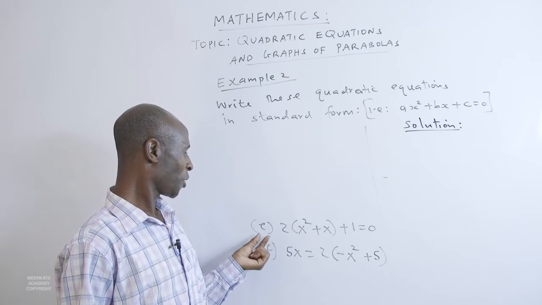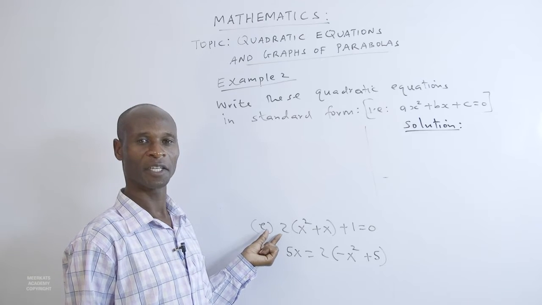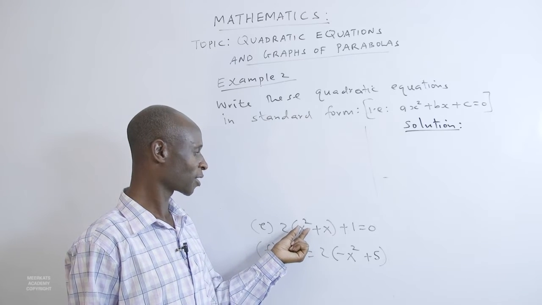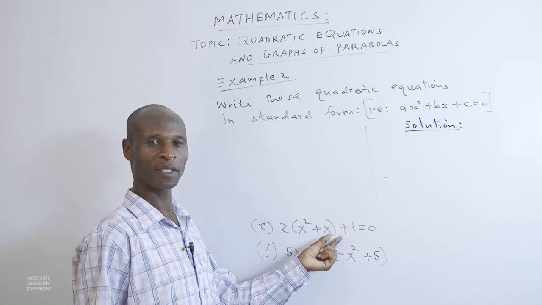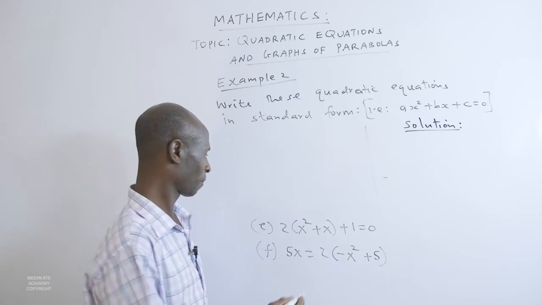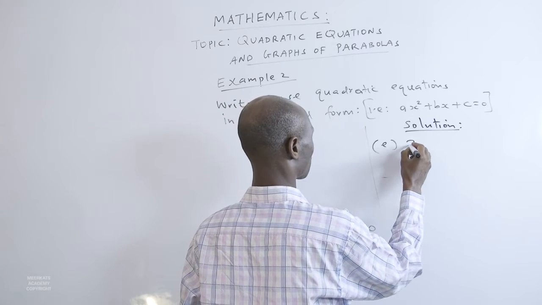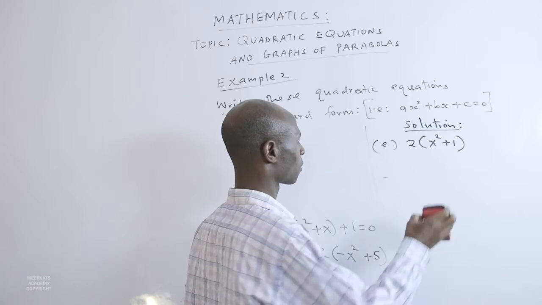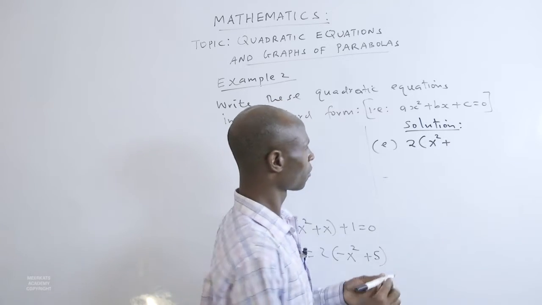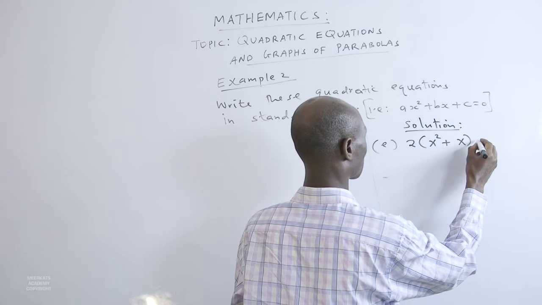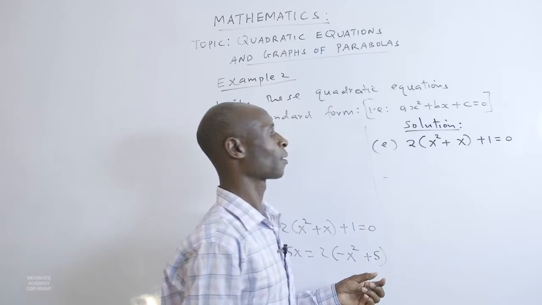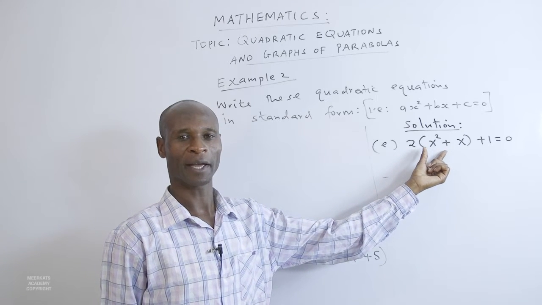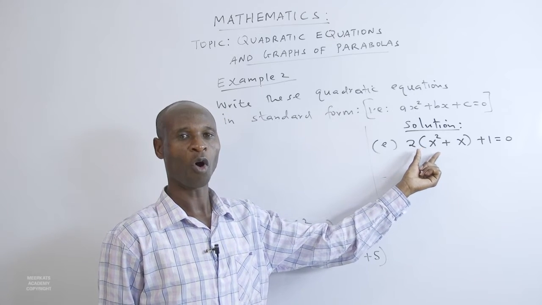Now, class, suppose we have a situation like the one in part A. How do you handle it? Because in this case, we have 2, open bracket, x squared plus x, close the bracket, plus 1 is equal to 0. Now, in this situation, because 2 is multiplying the bracket, we use BODMAS to open the bracket.